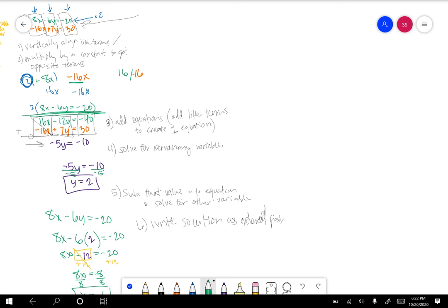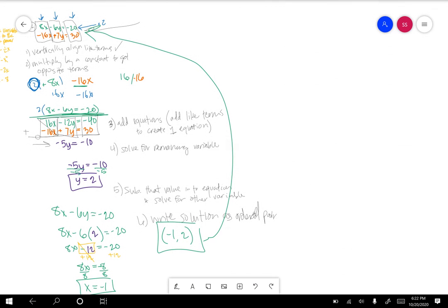So our x for our ordered pair is negative 1, and our y was 2. There's the solution to this system of equations. If we were to graph those two equations, that is the point where they would intersect. It's the only value of x and y that make both equations true.